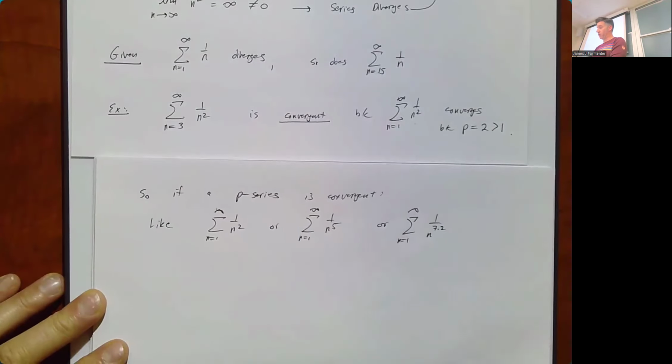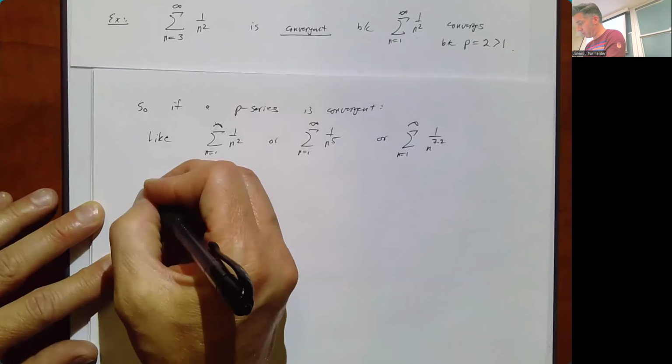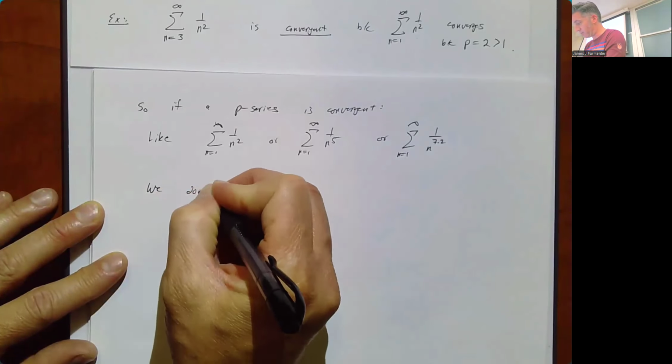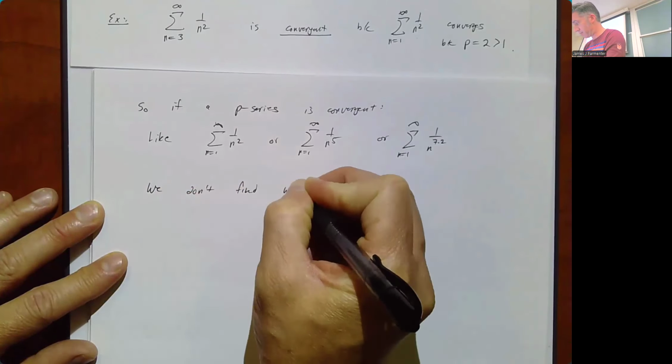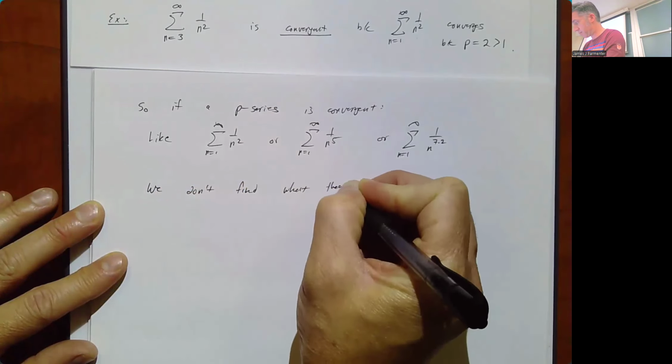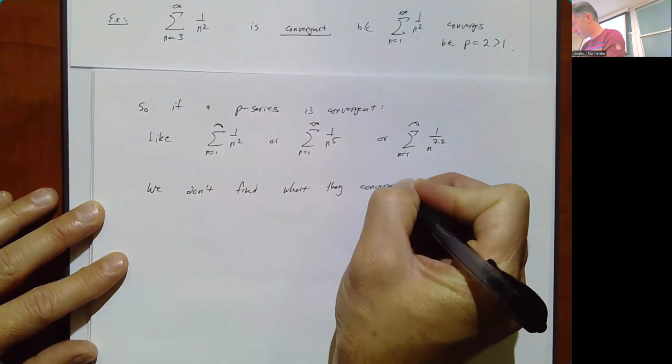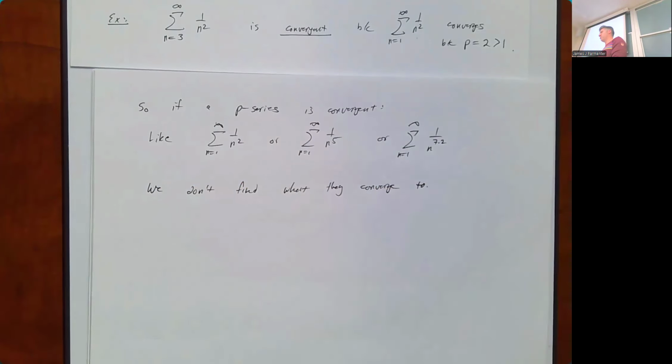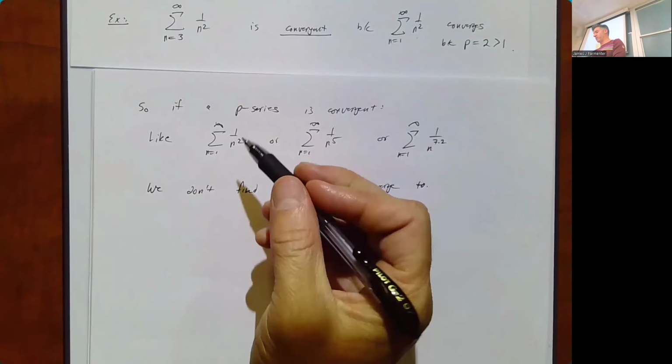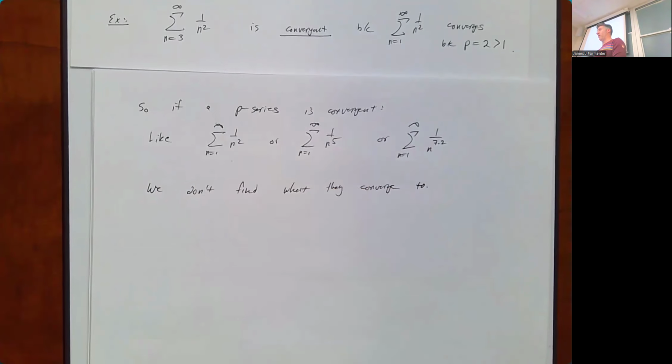All of these P series are convergent, and we don't find what they converge to. Mostly because it's really hard. It's known what the sum of 1 over n squared converges to. I don't actually know what other powers converge to. I don't know if it's known what the sum of 1 over n cubed converges to or not. It's probably known, but I don't actually know.